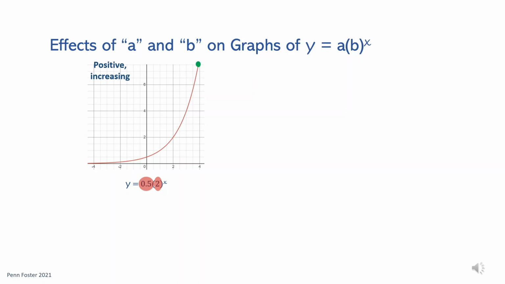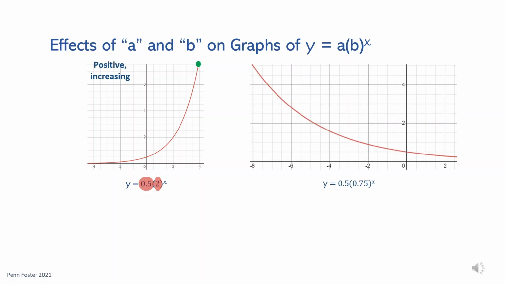Let's inspect this function. A is still positive, but b is a fraction. Raising a fraction to increasing powers significantly shrinks the value of the product. In other words, the greater the power is, the smaller the fraction becomes. In this case, as x goes from left to right, y values decrease.